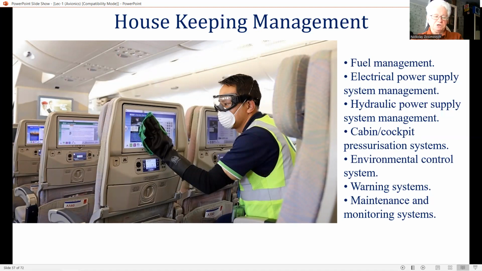These comprise monitoring and recording systems, which are integrated into an onboard maintenance computer system. This provides the information to enable speedy diagnosis and rectification of equipment and system failures by pinpointing faulty units and providing all the information such as part number for replacement units, down to module level in some cases.